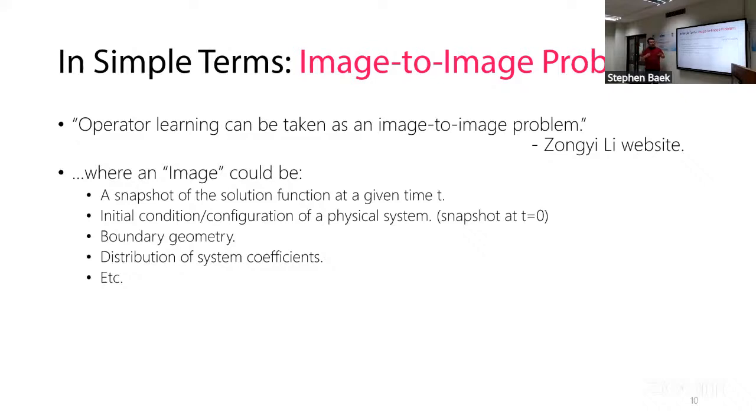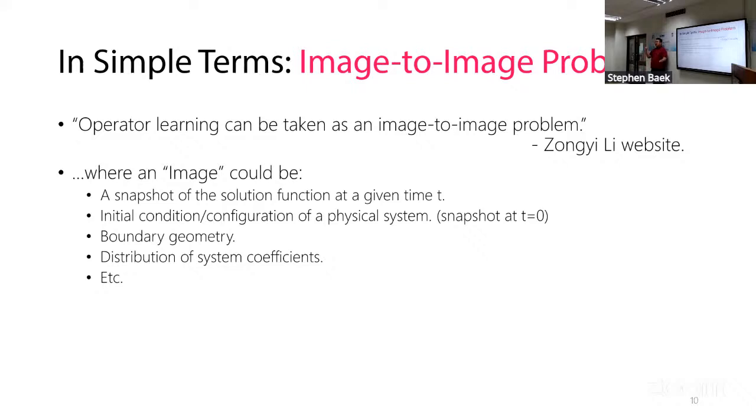So from that boundary geometry as an input, and maybe some other images as additional inputs, what is going to be the flow at time t equals some tau could also be a problem that you might be able to solve. System coefficients, things like the density, things like porosity of porous media, a lot of different things can again be represented as a function, right?